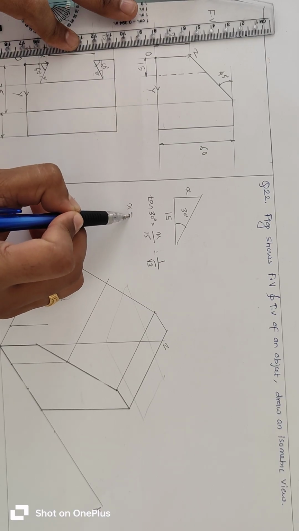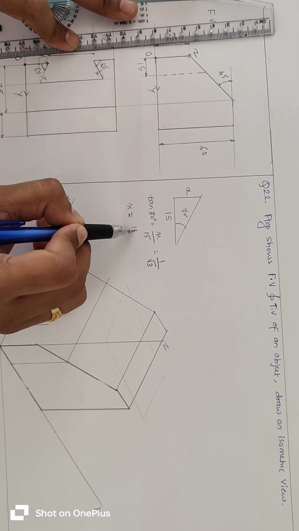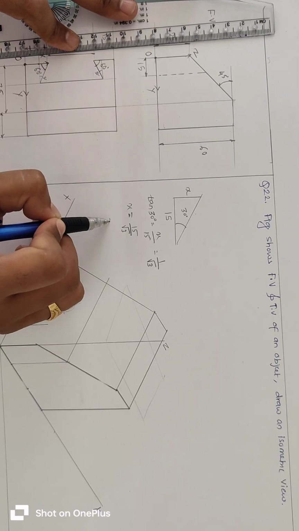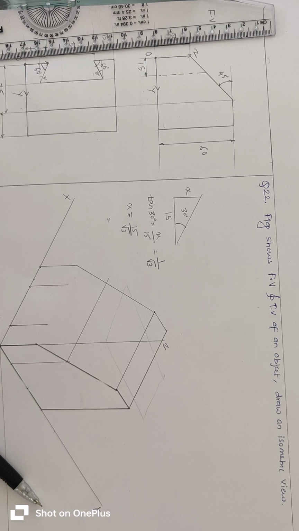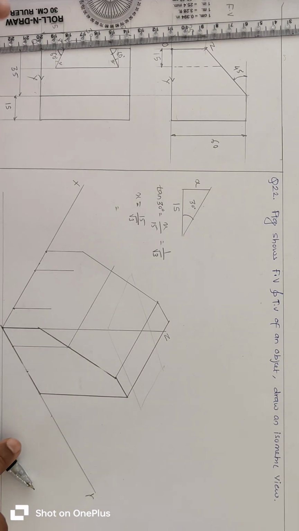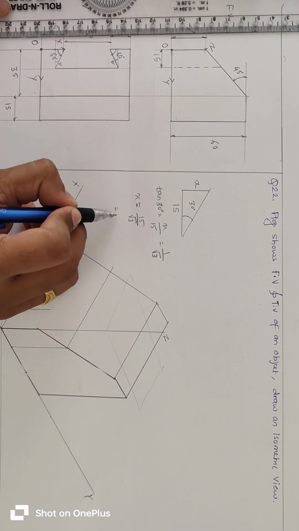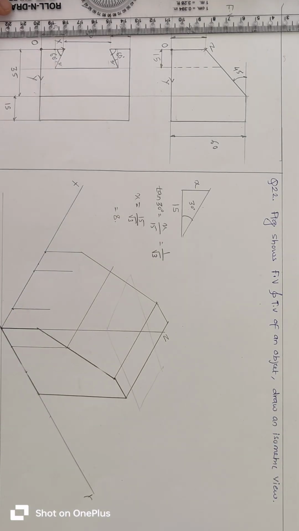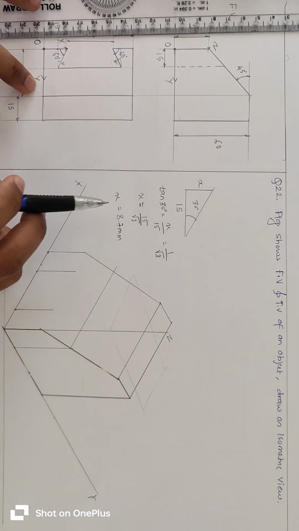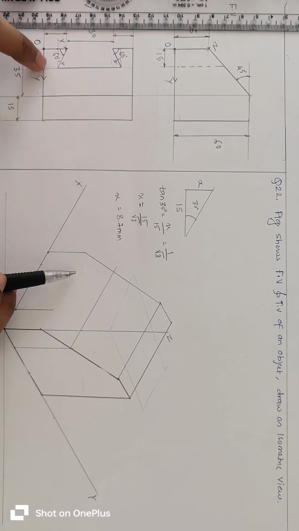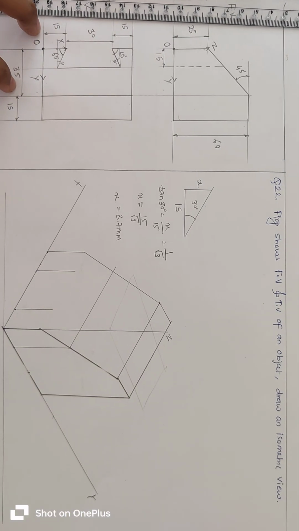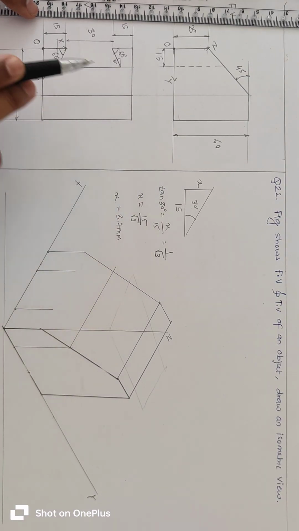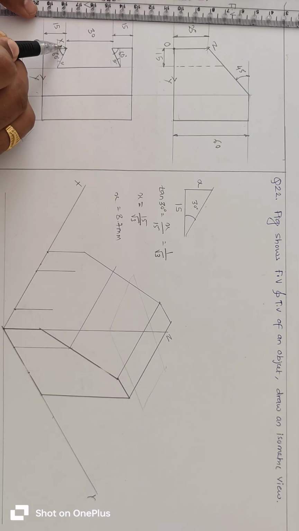So x will be equal to 15 upon root 3, which is equal to 8.7 mm. So this distance is 8.7 mm.